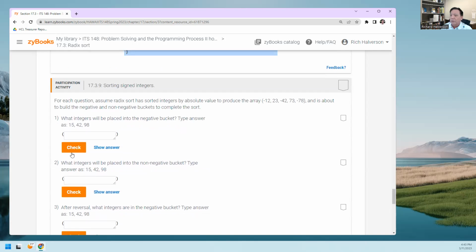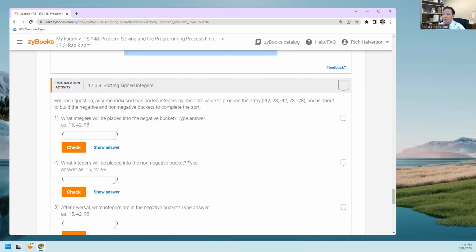So you can go through this and see, let's say this is the array, and it's about to build the negative and non-negative buckets to complete the sort. What integers will be placed in the negative bucket? It has already done the first sort, so if you ignore the sign, they're sorted by absolute value.